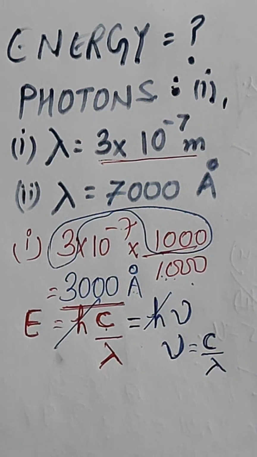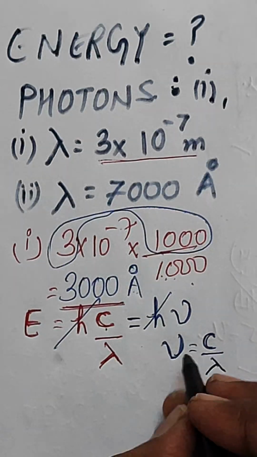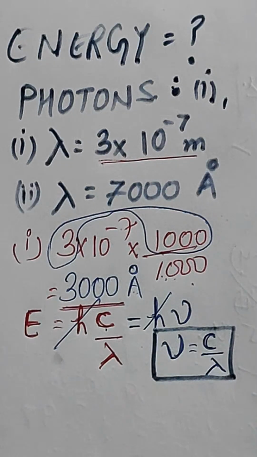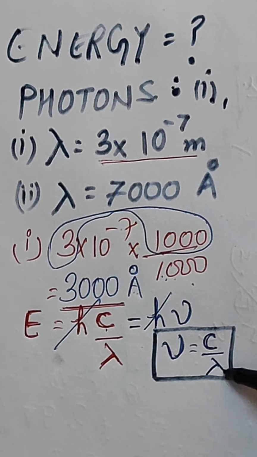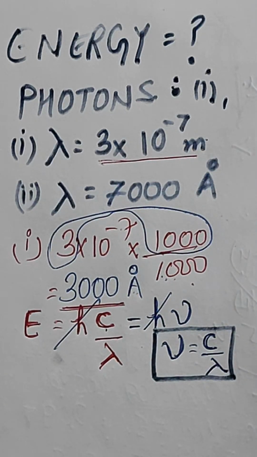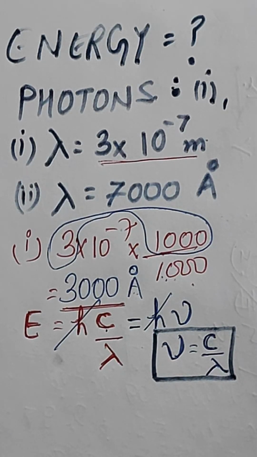Here we will use this relation. c is known to us and lambda is given to us, so accordingly we can find the frequency. The question is to calculate the energy in joules.